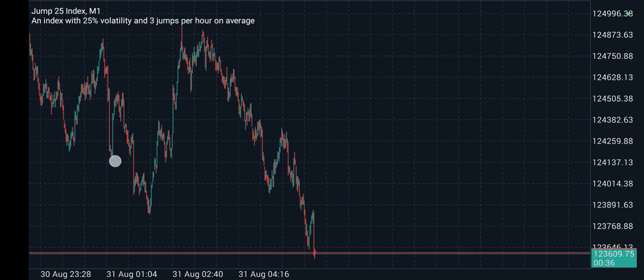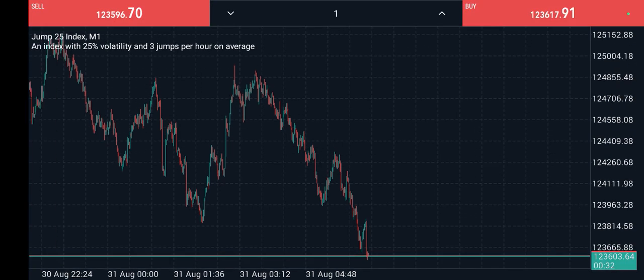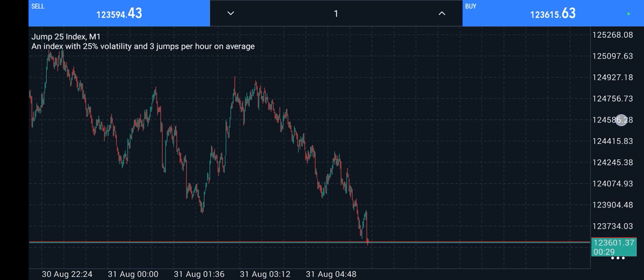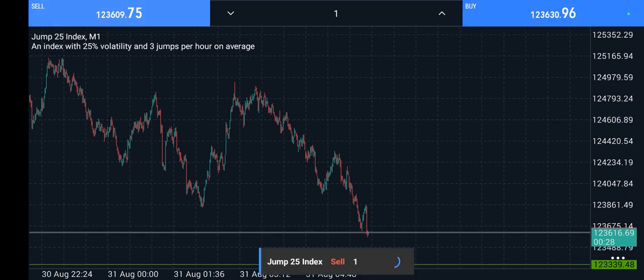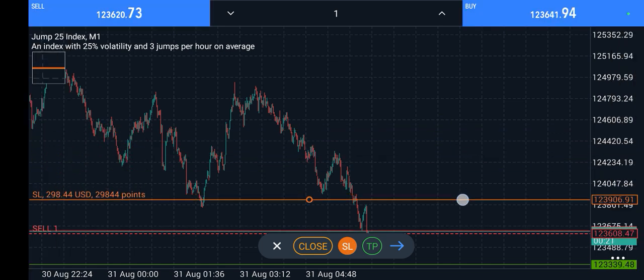So for the stop loss, okay, I explained a little about the stop loss the other time, so let me move again. So let me say I'm getting a sell here. So now the stop loss is just like the amount I'm willing to risk, the amount I'm willing to lose. Here I'm willing to lose 291 USD. So that is an automation.